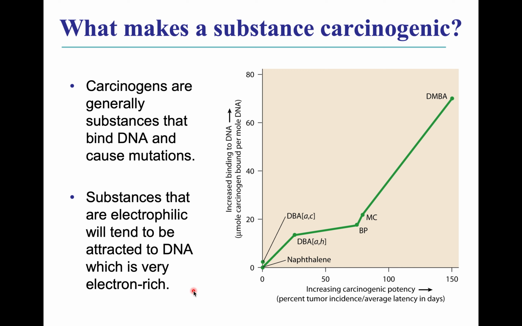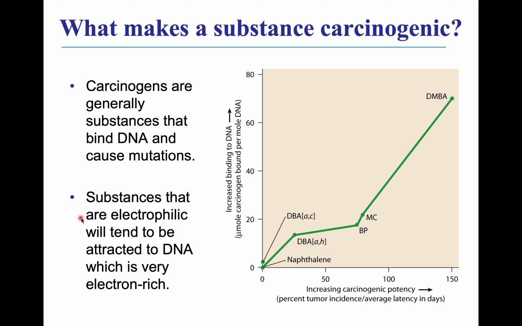And so you may ask, okay, well, what is actually making these chemicals carcinogenic? And in most cases, there's a few exceptions like asbestos, but in most cases, these are going to be things that can bind to DNA and cause the DNA to mutate. So what kind of things bind to DNA?